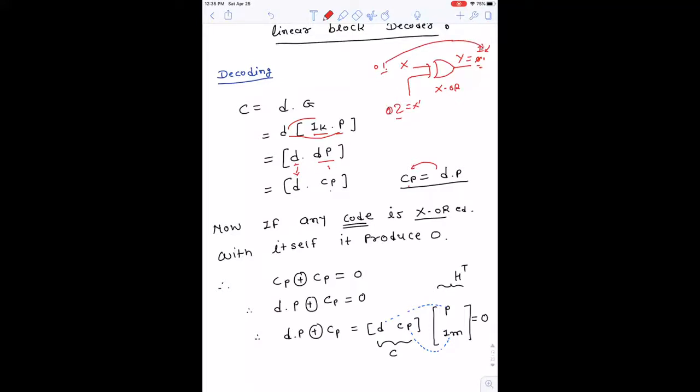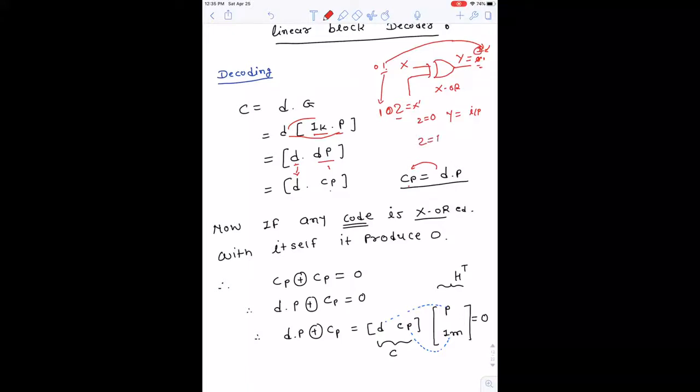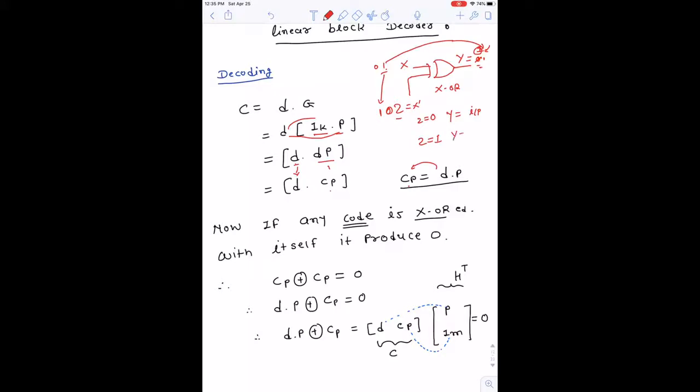So your output Y is equal to your input when the external bit Z is a 0. And if you are providing 1 here, and there is a 1, you are getting 0. So if you provide the external input as a 1, then Y would always be the inversion of X, X dash.